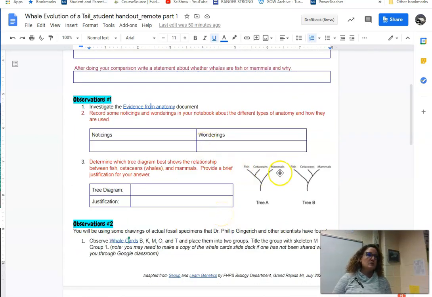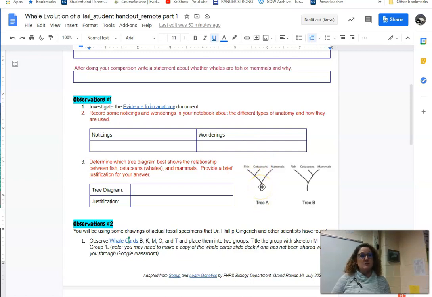As you look at this tree, it's showing you that there's fish, cetaceans, and then mammals, or fish, cetaceans, and mammals this way. Remember when we talked about these with the seeds, that when the branch is closer, that means they're closer related. So in this one, the idea is that fish and cetaceans are closer related to each other than they are to mammals.